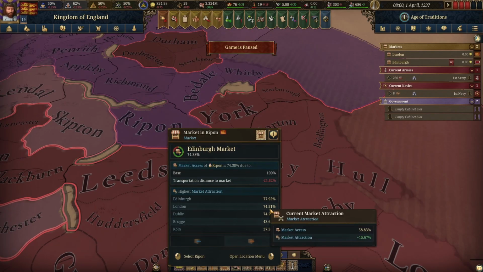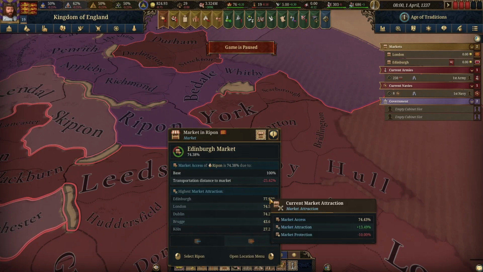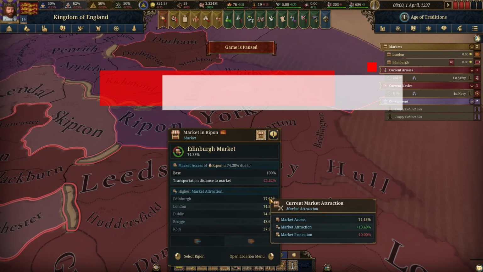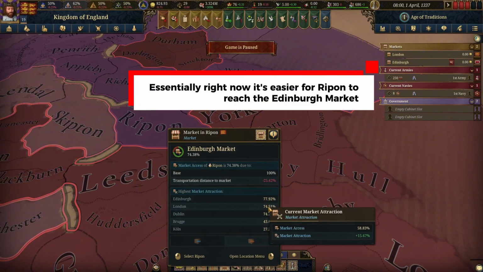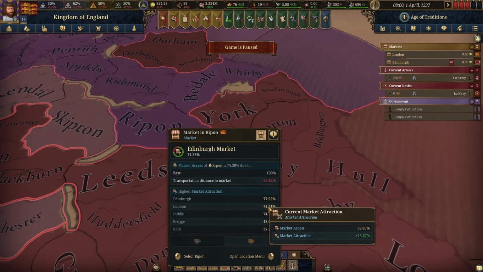If I hover over London, I can see that although our market attraction is higher compared to Edinburgh, Ripon has a market access of 74%, whereas London has a market access of 58%. So if we improve access or proximity, this location may actually switch over to belong to our market.